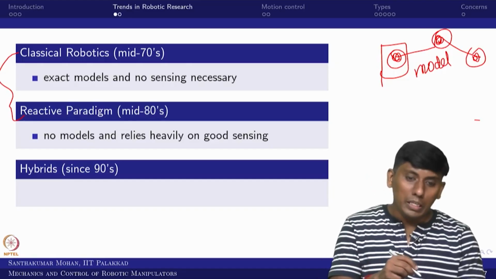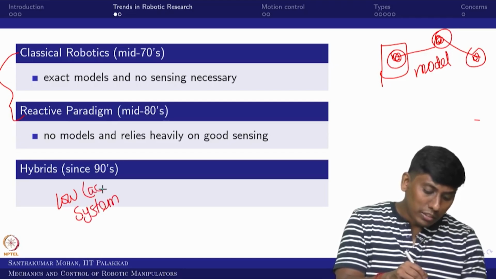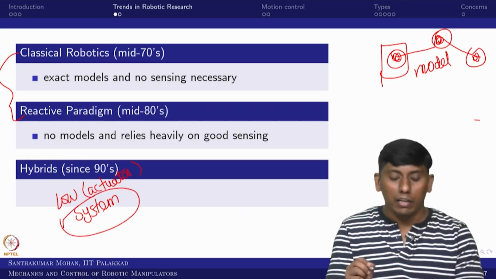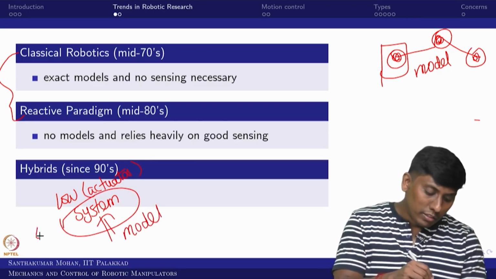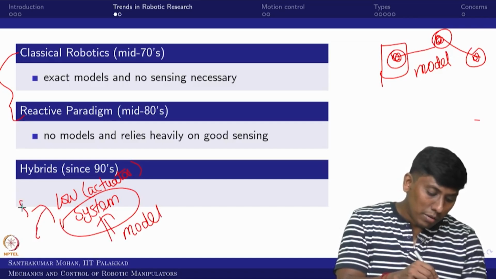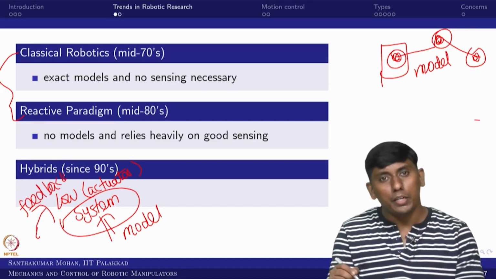So in the sense, you would be doing two levels, the low level and the system level. The low level I call the actuator. Okay, the system level is the higher level. The system level would be based on the model. Okay, and this one was based on the feedback. Okay, so this was working very well.